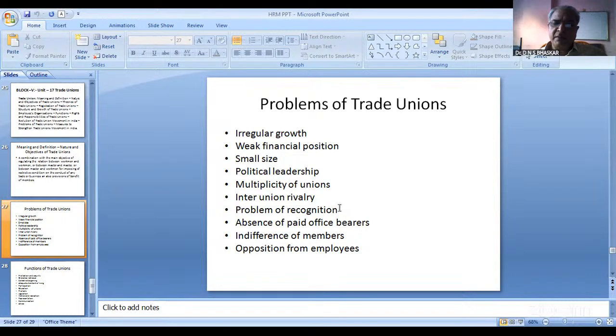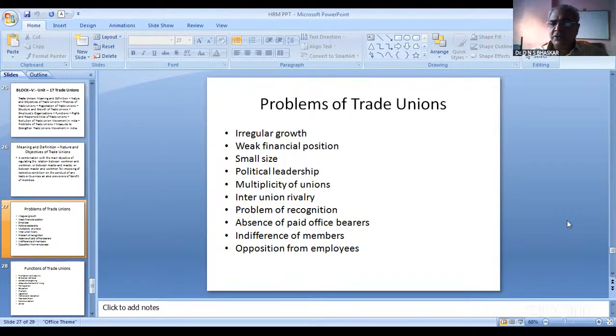Then the problem of recognition. Each trade union must be recognized by certain authorities, so registration of trade unions is very, very important. But getting their trade union registered is difficult for them. Then absence of paid office bearers.